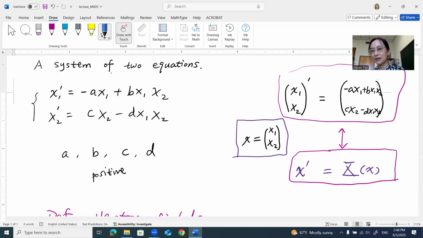So the input vector is from R2. Actually from an open set in R2. And the image will still be a vector. You see, this is capital X, a vector in R2. So this capital X is simply the right-hand side of that system of two equations. But when we write it in the vector form, this whole right-hand side is called a vector field.